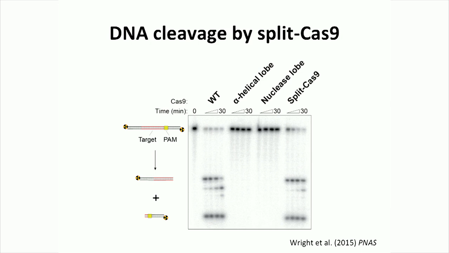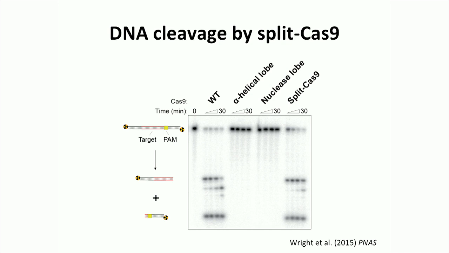And you saw a lot of data like this yesterday, where we just take a radio-labeled double-stranded DNA target sequence that has a 20 base pair target site next to a PAM, and we're just monitoring cleavage of that DNA. We radio-label the DNA at both ends so we can see both products after cutting. And this is a denaturing gel system here to separate the substrate molecules from the products of the cleavage reaction. And these are little time course reactions incubating with the wild-type Cas9, you get very nice cutting that I showed you yesterday.